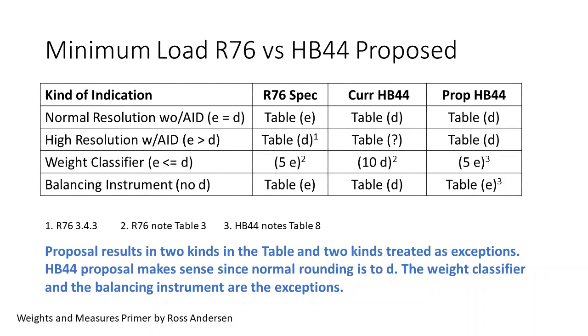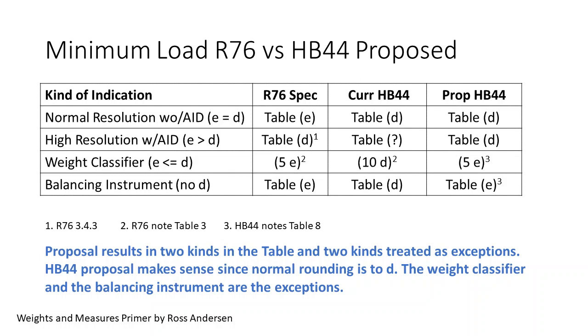It creates a special exemption for weight classifiers of 5E. Notice two kinds in the table and two kinds by exception. Currently, in Handbook 44, only the normal resolution matches R76, since E and D are equal for these instruments.